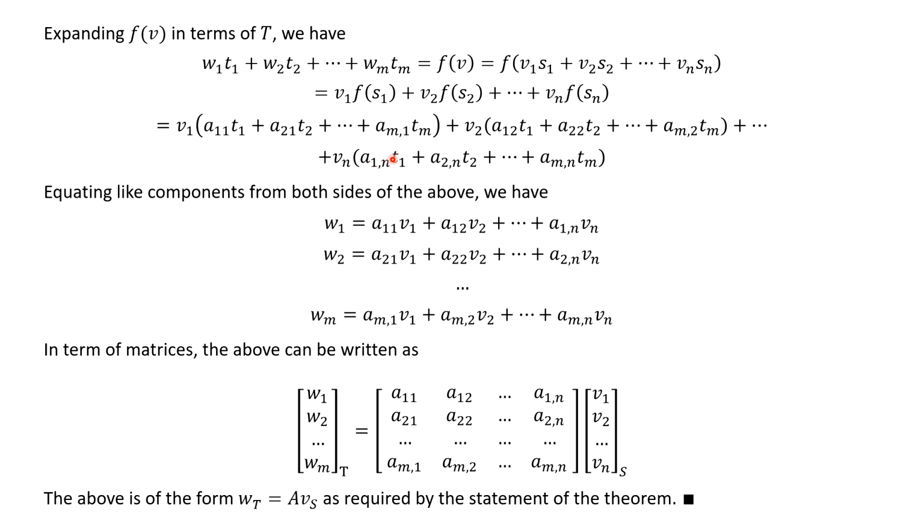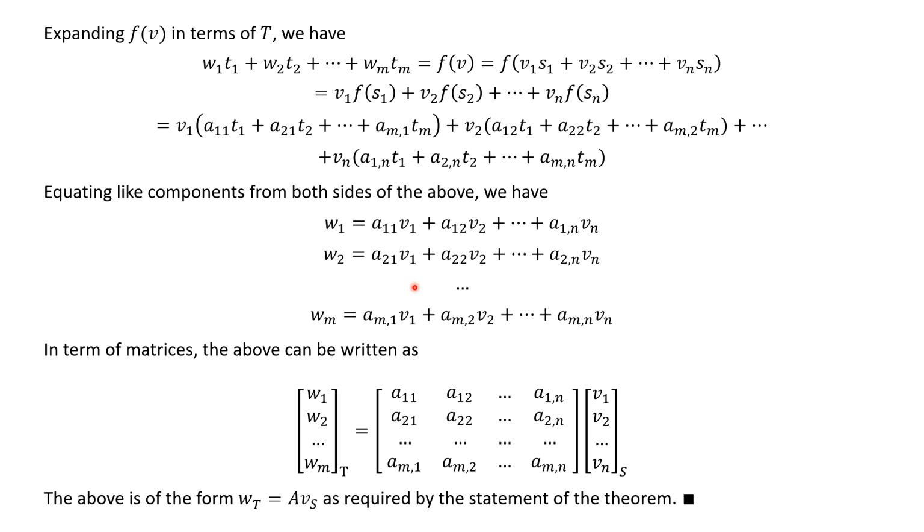So the coefficients of t1 on this side of the equation have to equal w1, and then we collect all the ones associated with t2. So that would be v1 a21, v2 a22, all the way down to vn a2n.